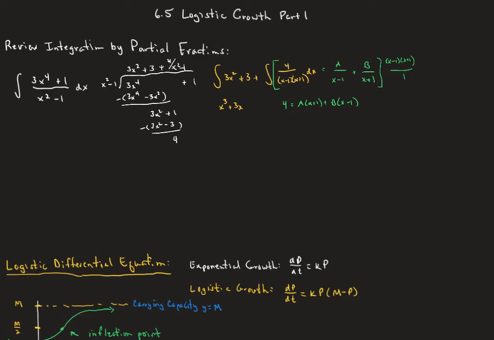This has to be true for all values of x, so in particular, if we choose x to be equal to 1, we'll get 4 is going to be 2A, and then the B's will drop out, so that's going to tell us that A is 2. If we choose x to be negative 1, we'll get 4 is equal to negative 2B, so that means that B is going to be negative 2.